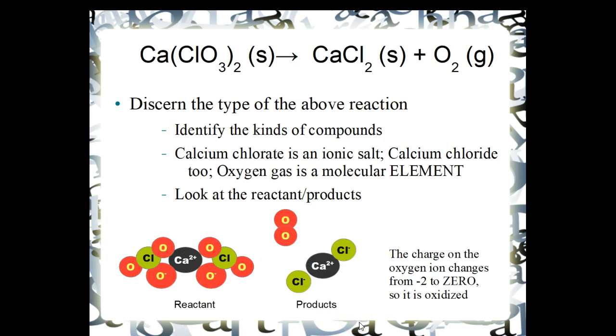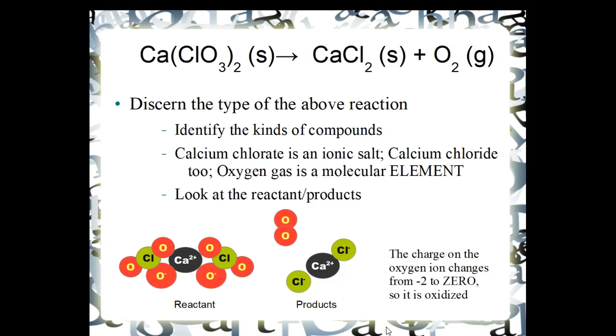Now look at the reactants and products as you see them here. The reactant, calcium chlorate, looks a great deal different from the solid product, calcium chloride, here on the right. And here goes oxygen as a gas and as an element coming off.